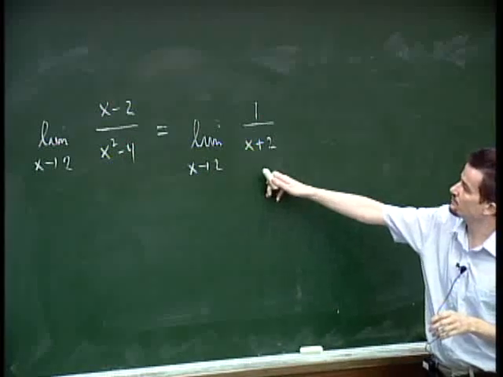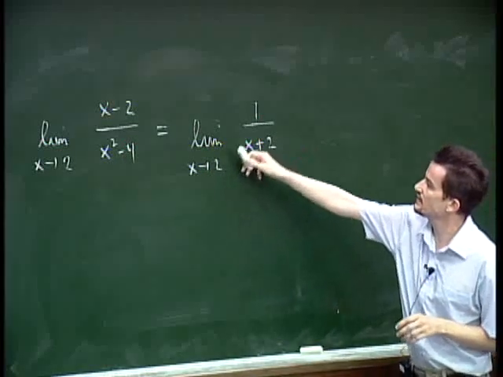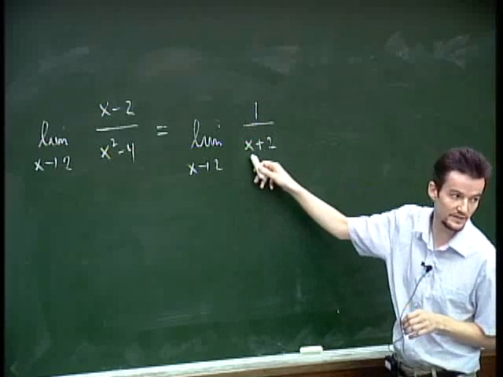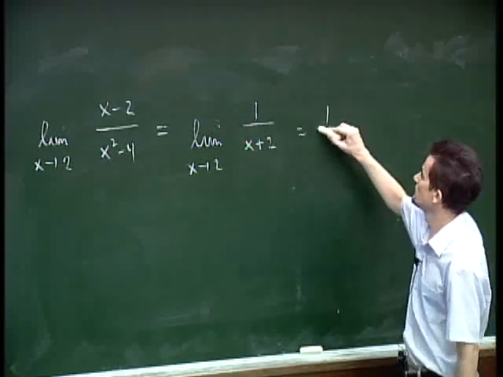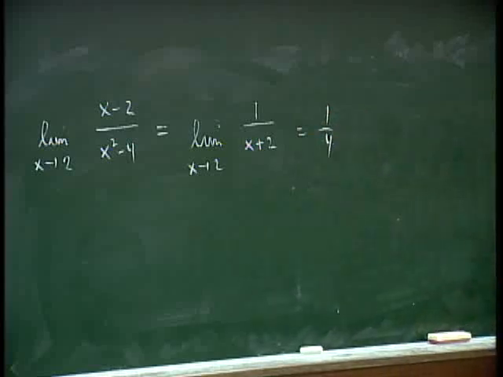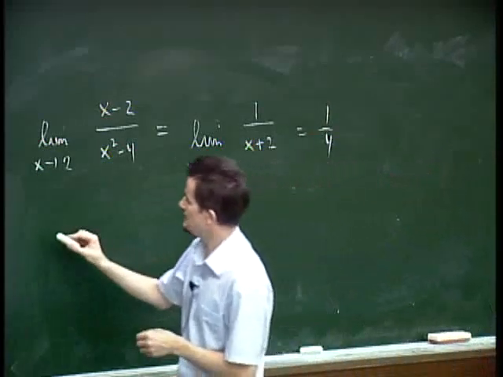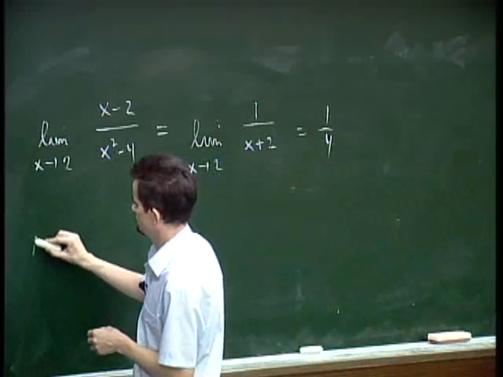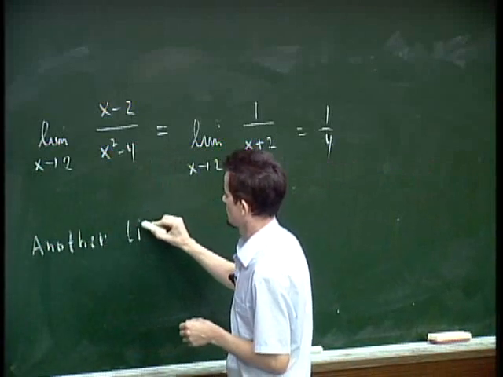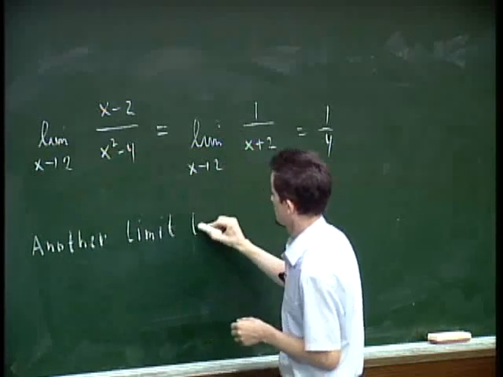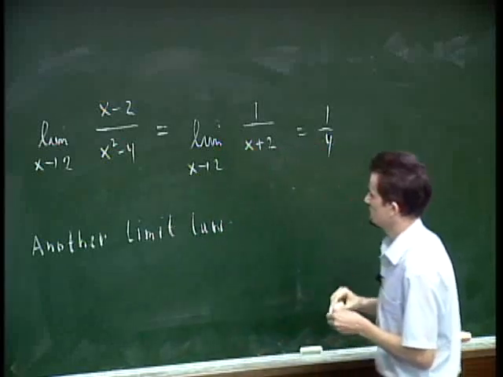Now we apply the quotient rule, so we can take the limit in the numerator and denominator. And here we have just a polynomial, so we plug in. Okay, so also this follows now from the limit laws. Now, another limit law is the following one.